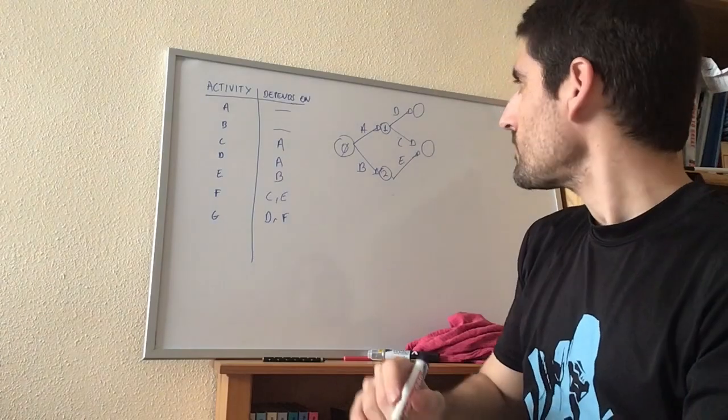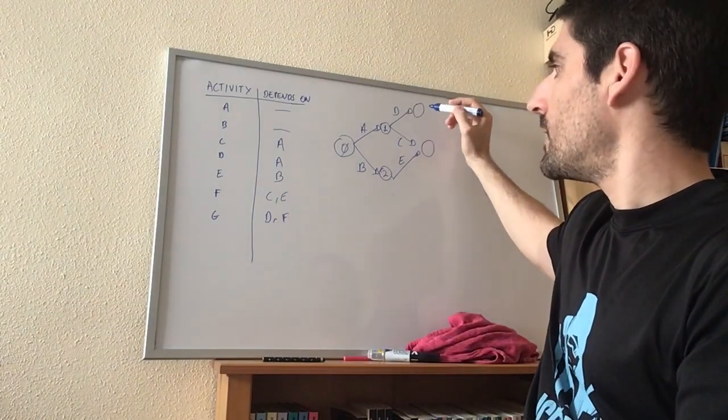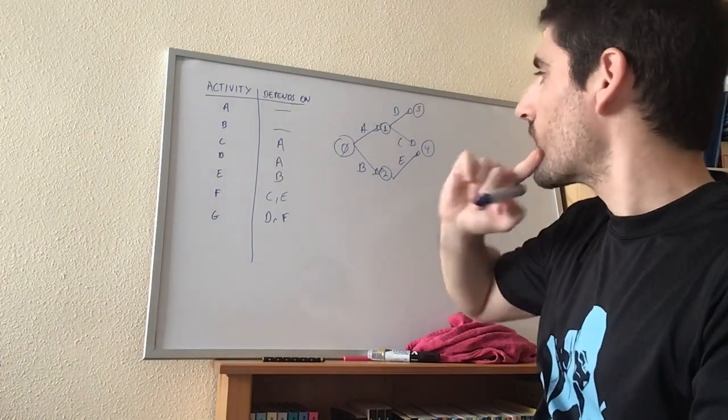Okay, so I've got 0, 1, 2, that should have been a 3, this is a 4, okay.